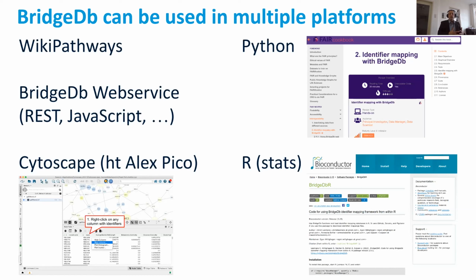And this has been written up by Lucas last year in the FAIR Cookbook, which was for the FAIR Plus project and is now shared and disseminated via ELIXIR. And you can use BridgeDB in R, for example, besides Java, because originally, of course, BridgeDB was a Java library.